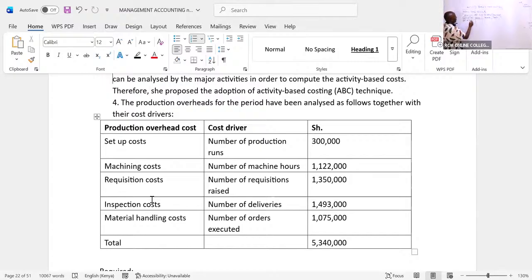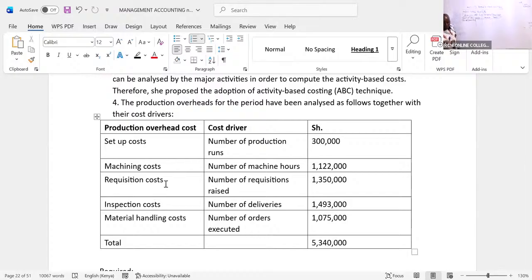The cost driver there is number of production runs. So number of production runs, how many do we need?